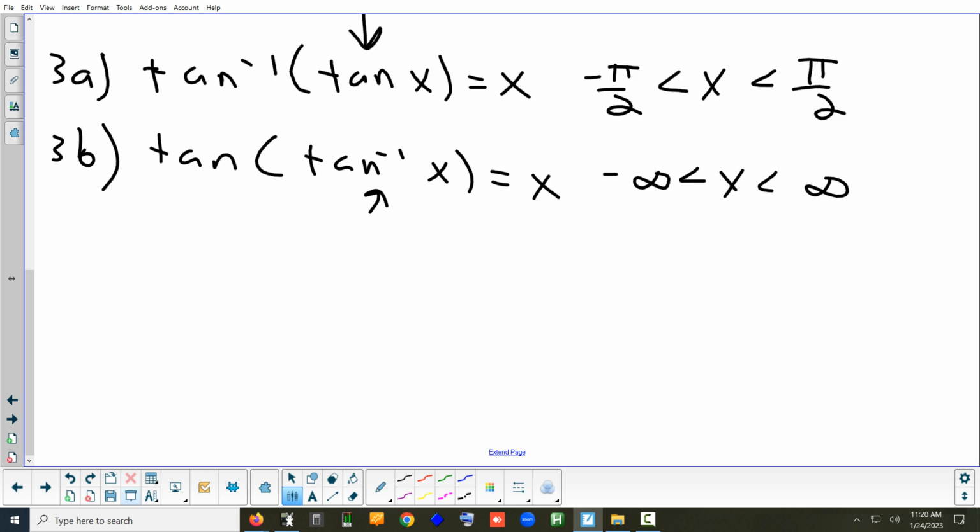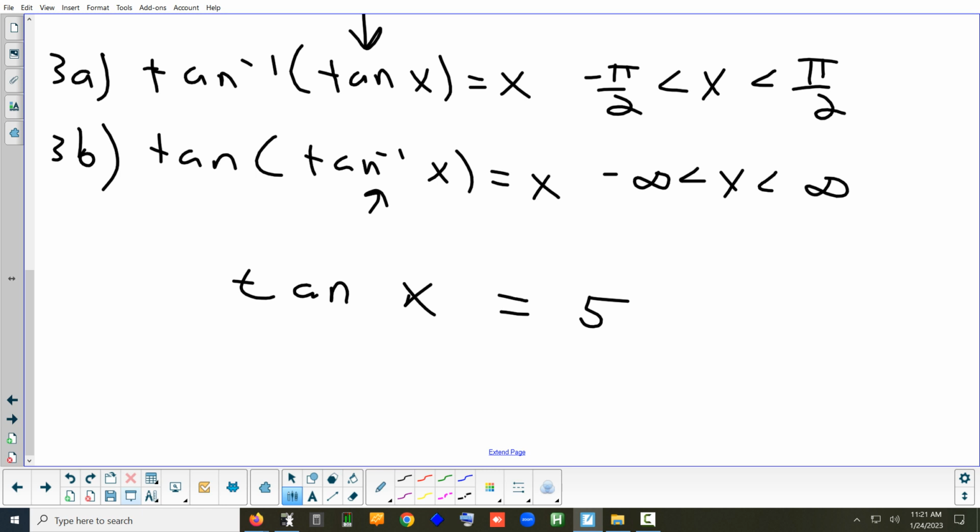And you might be thinking, well, when does this kind of stuff come up? The only way to solve that equation for x is to get rid of the tangent function.